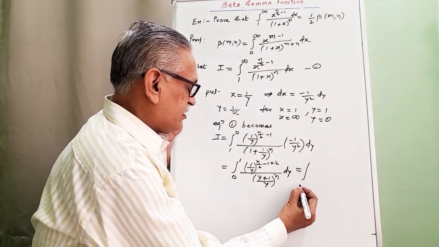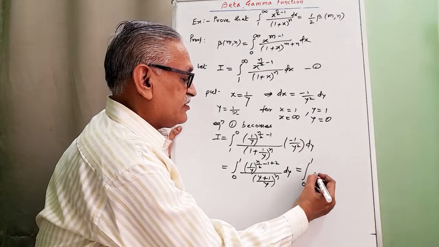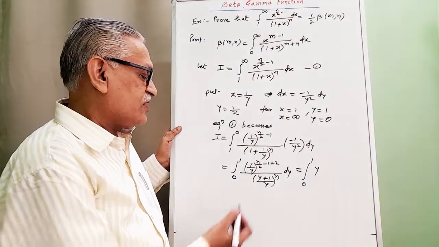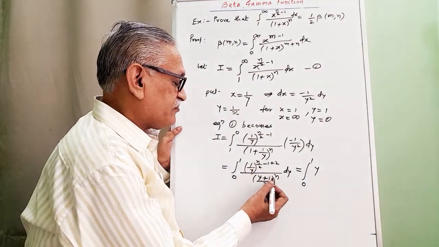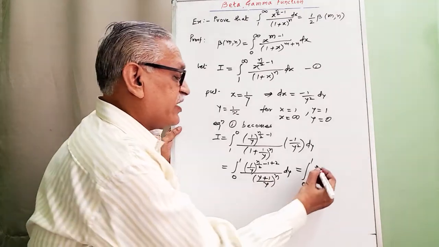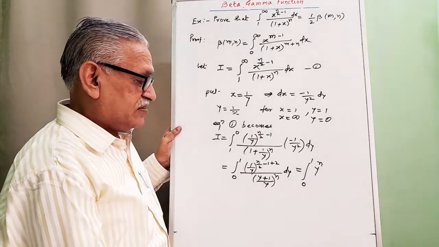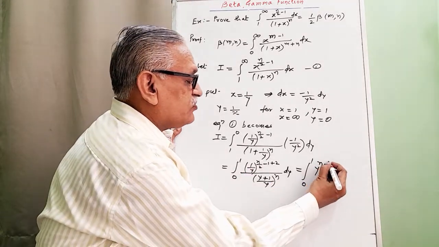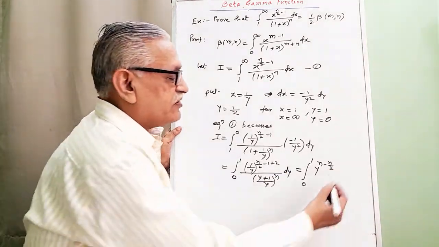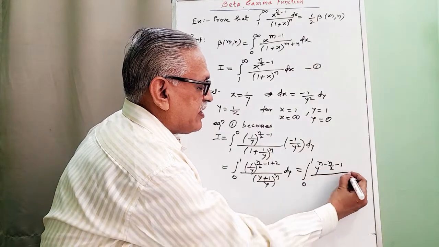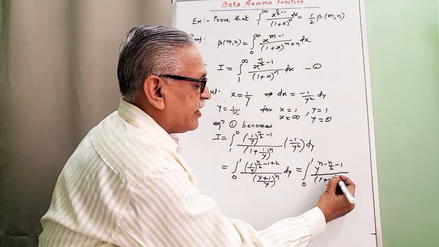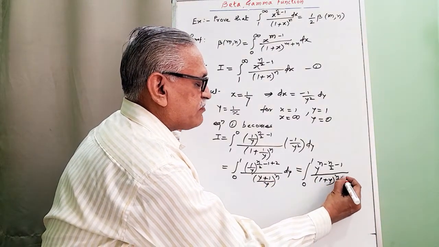So it is the integral from 0 to 1 of y^(-(n/2 + 1)) times y^n, which becomes y^(n - n/2 - 1), divided by (1 + y)^n. Here n I will split as n/2 + n/2.